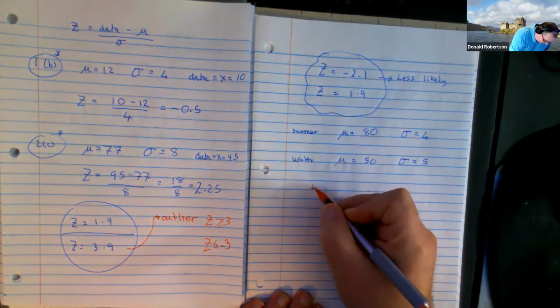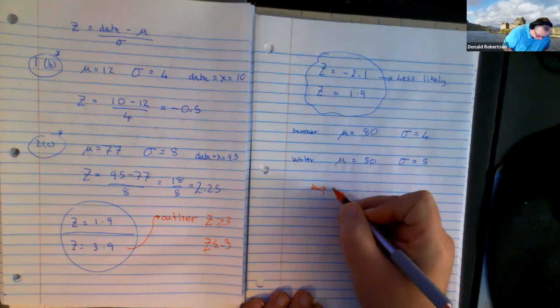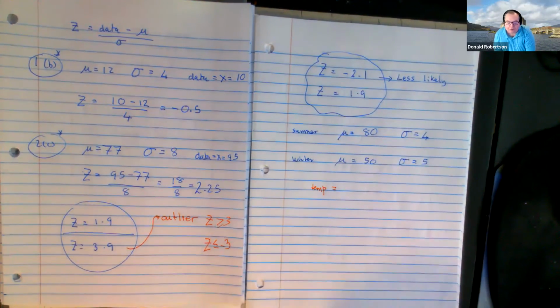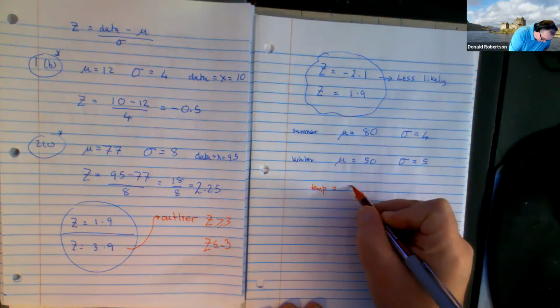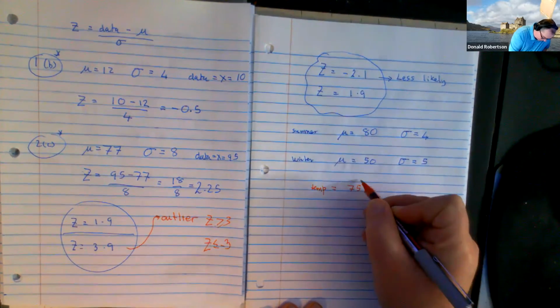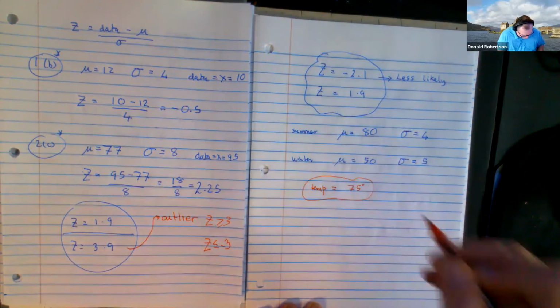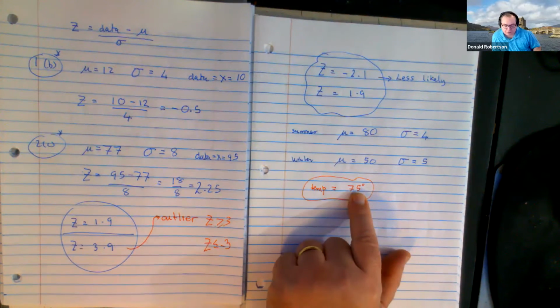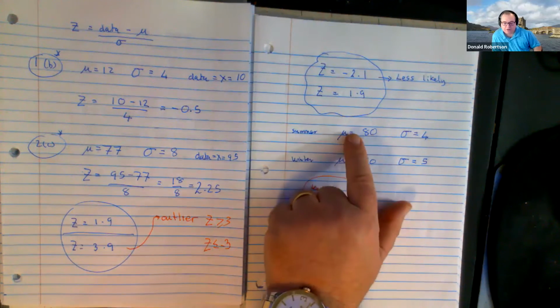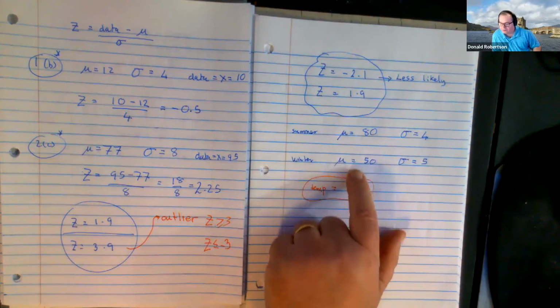And there's a temperature in one day that happens to be 75 degrees. So the question is, is it more or less likely to get 75 degrees in the summer or in the winter?